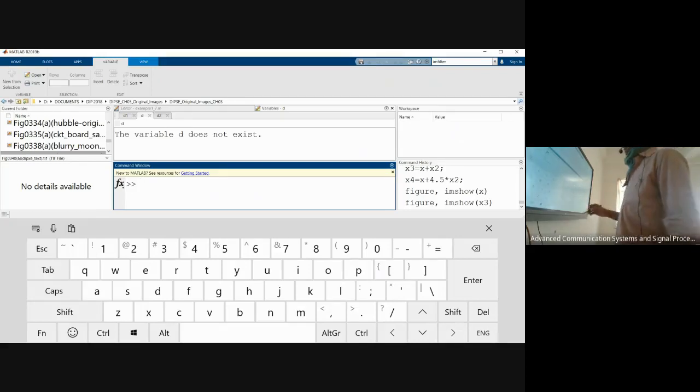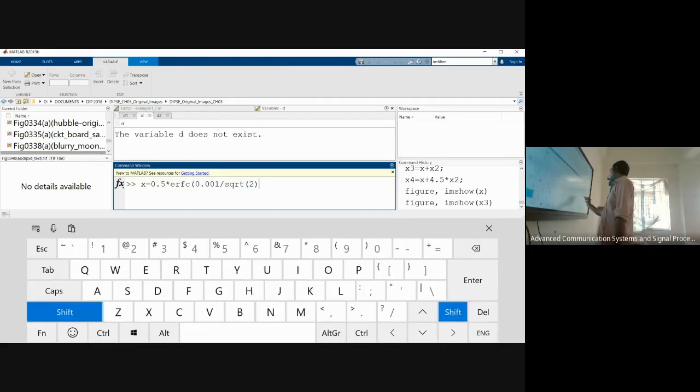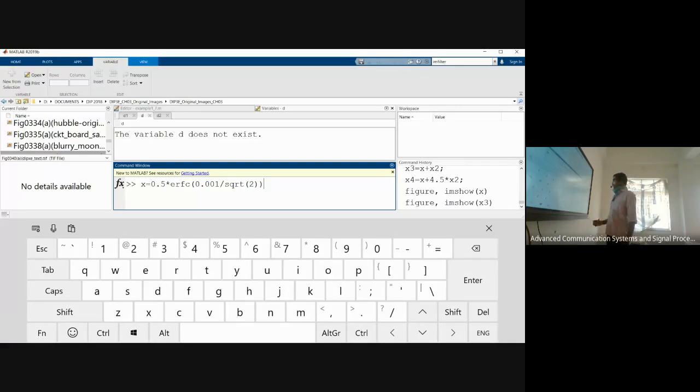So x equals, because there is a multiplication factor of 0.5 at the beginning, 1 by 2, I'll multiply with 0.5, and then star, ERFC of 0.0001 divided by square root, SQRT 2. I believe this will give you the value of gamma.